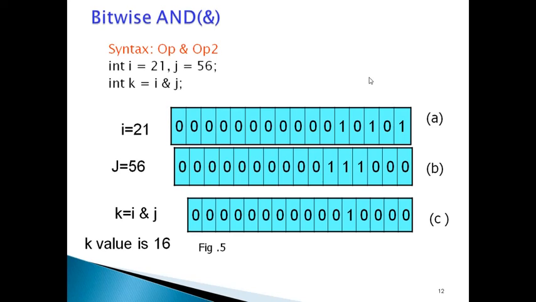We entered i value 21, j value 56. If you perform the bitwise AND operation on i and j, we get 16. This is the resultant value. In this way, we perform the AND operation.